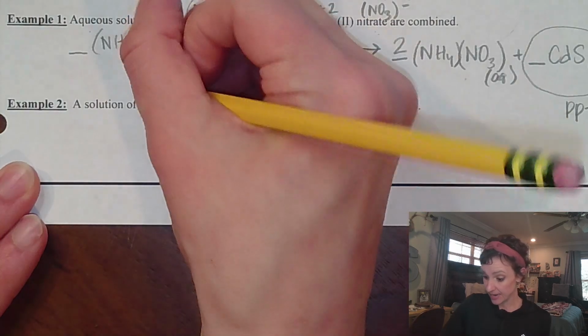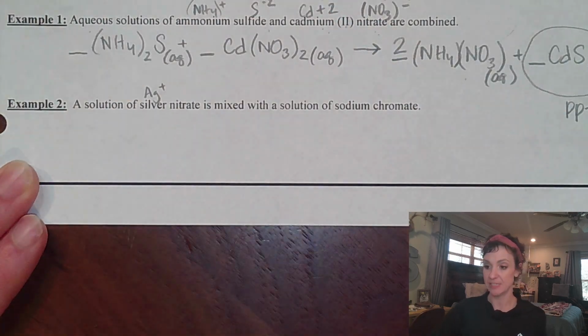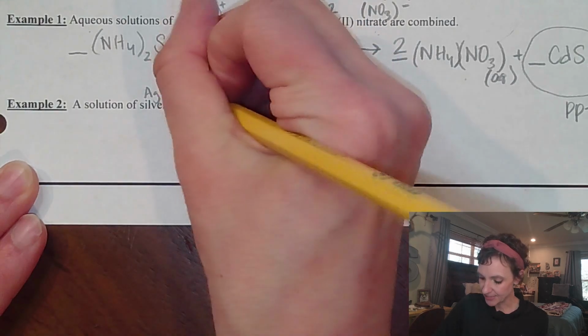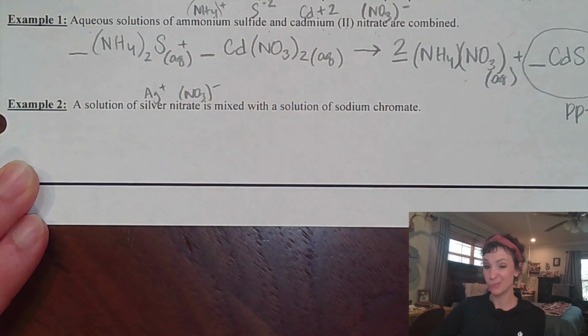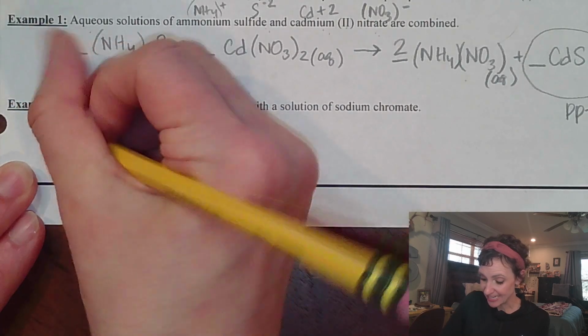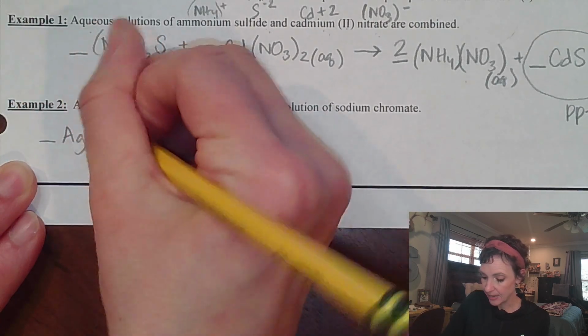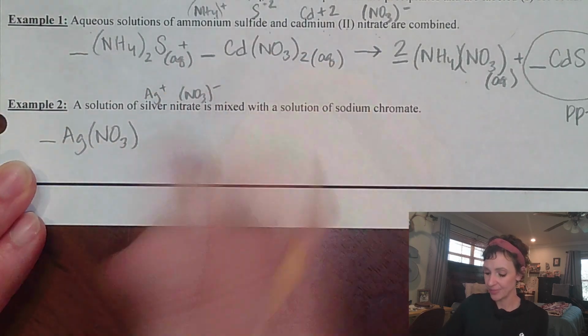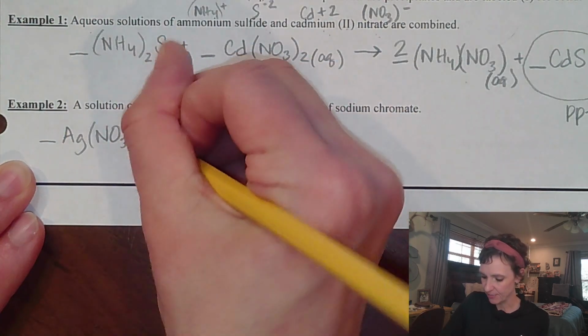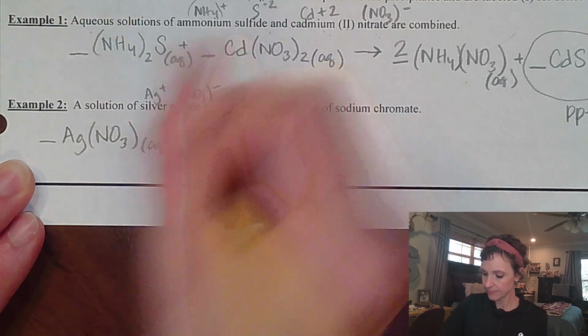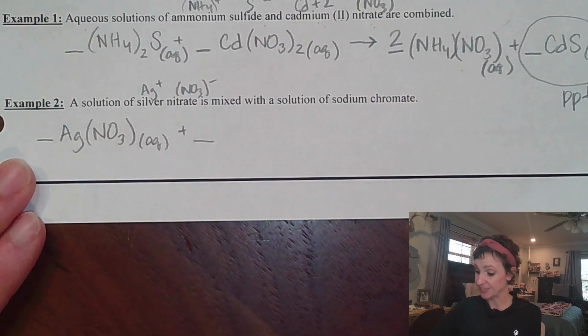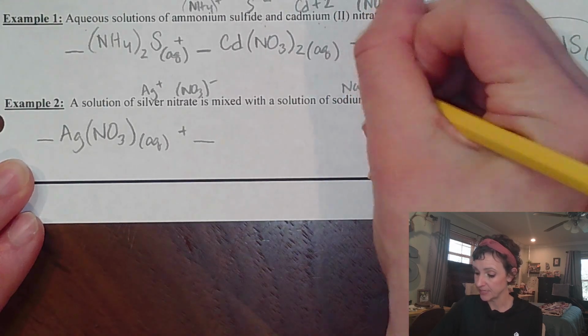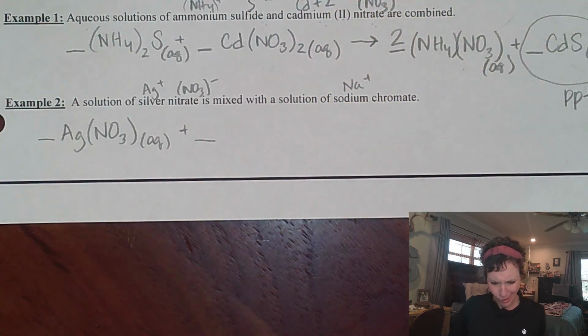Okay, silver nitrate. Silver is always a +1 charge. Nitrate polyatomic is a -1. So the formula for silver nitrate is AgNO3. I have a 1-to-1 ratio. It's also a solution, which means I know that this is aqueous. Mixed with a solution of sodium chromate. Sodium is a +1. Chromate is a polyatomic ion.